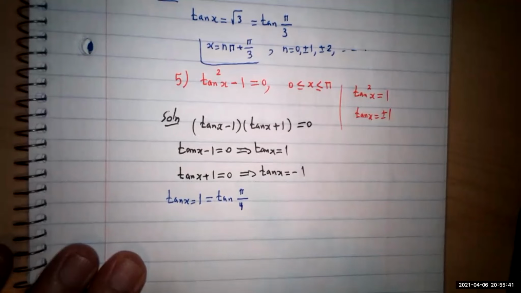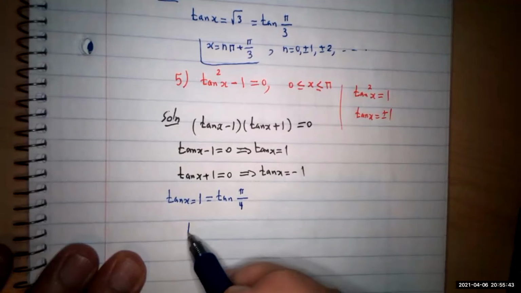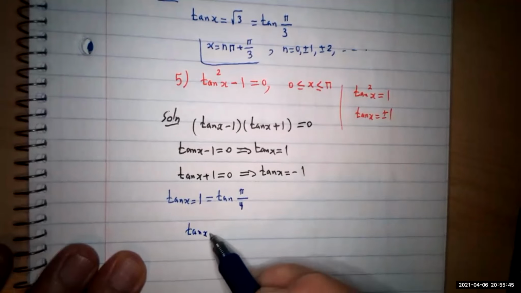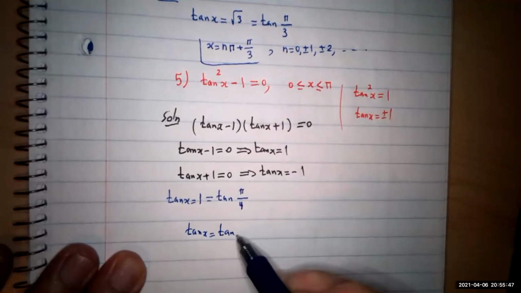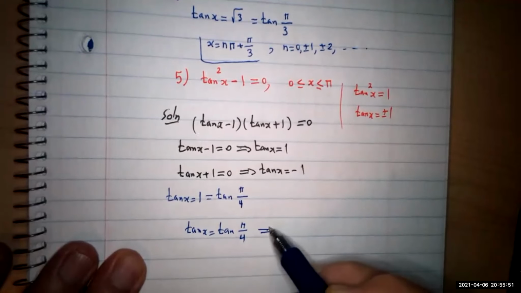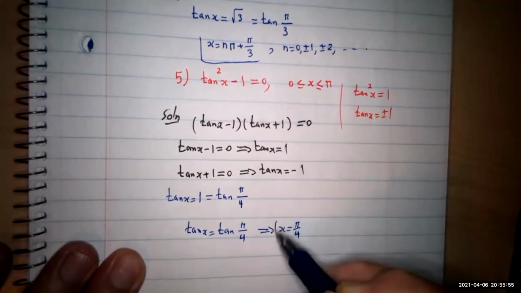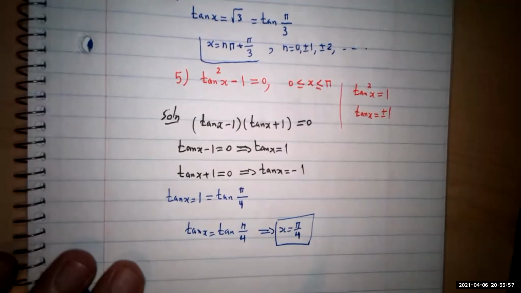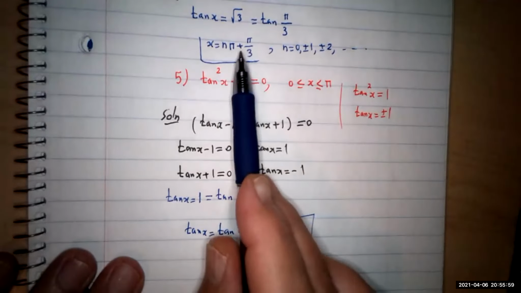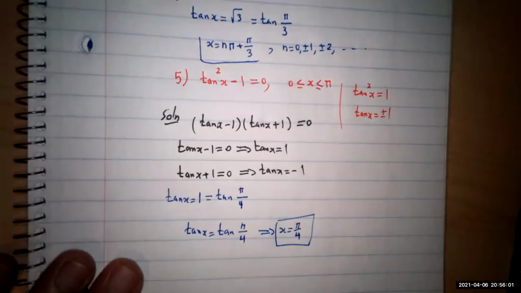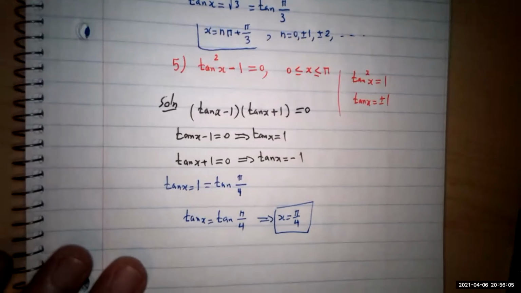So tangent of x equals tangent of pi/4. Since they just want a specific solution, we just give them pi/4. If you write the general solution, it would be n pi plus pi/4, then you replace n by 0 to get it. So that would be easier.